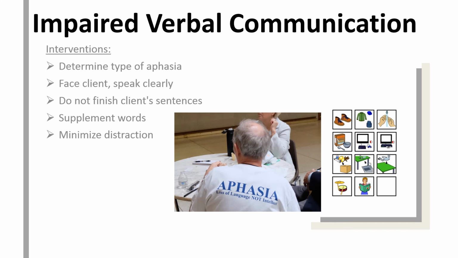Supplement words with pictures, gestures, and objects if it's a left hemisphere stroke because they have limited language skills. And minimize distractions, especially with clients with right hemispheric stroke, because they are impulsive and move quickly, and distraction may aggravate this and limit a caretaker's ability to focus on the client.